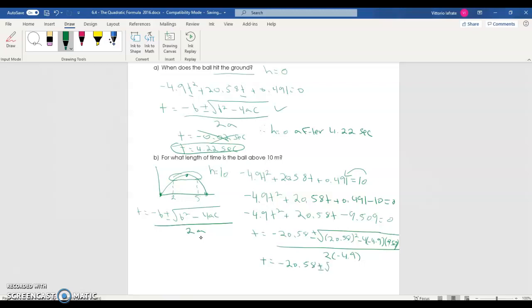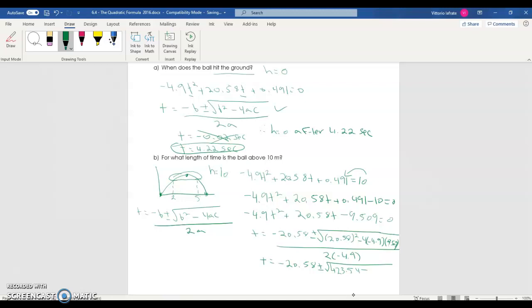plus or minus. Let's go see what's inside this root here with our calculator. So we have 20.58 squared. That's going to be 423.5364. So 423.54, let's just say. You could round later. And then let's go see.